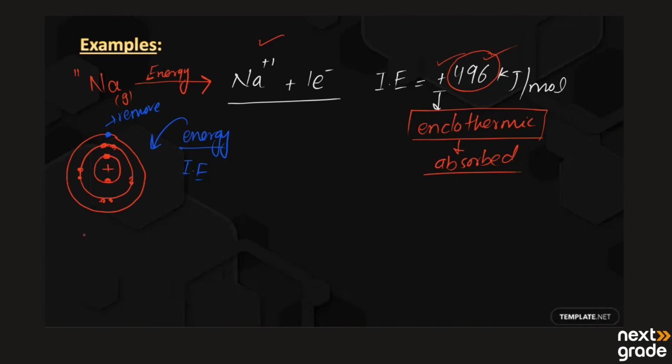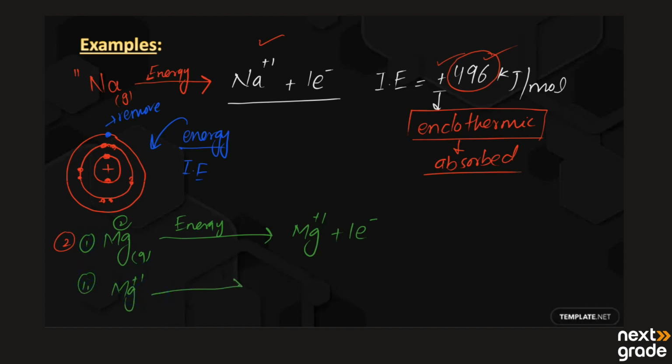Similarly, we have the second example, magnesium, in the gas form. Next, we provide energy. After providing the energy, we get magnesium +1 and an electron. As magnesium has two electrons in its valence shell, we can also have its second ionization energy: magnesium +1, where we want to remove the second electron.